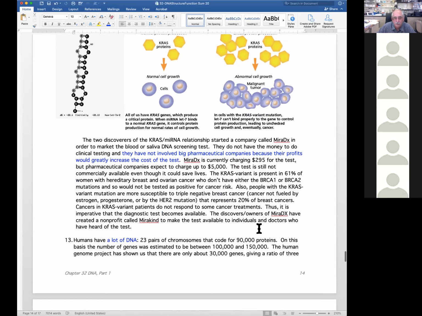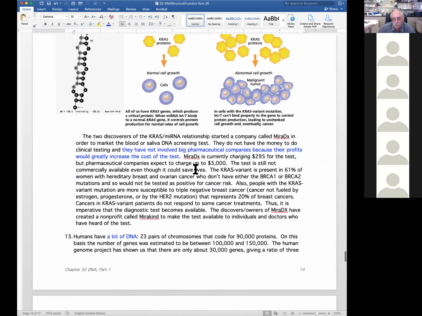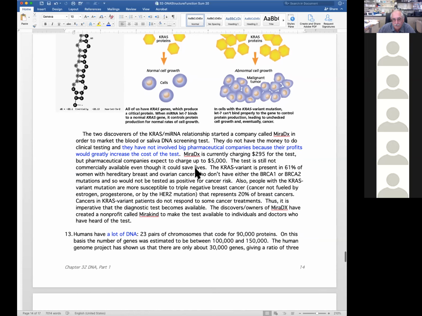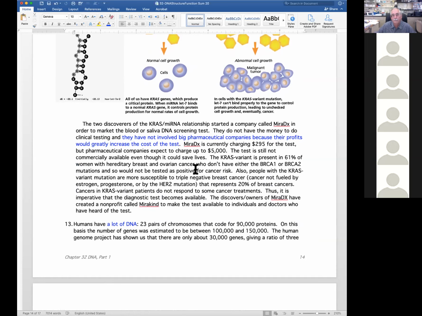So this is kind of interesting: the co-discoverers of this relationship didn't want to give it to the big drug companies. They wanted to make it a service to mankind, so they formed a nonprofit. Anyway, that's pretty interesting.